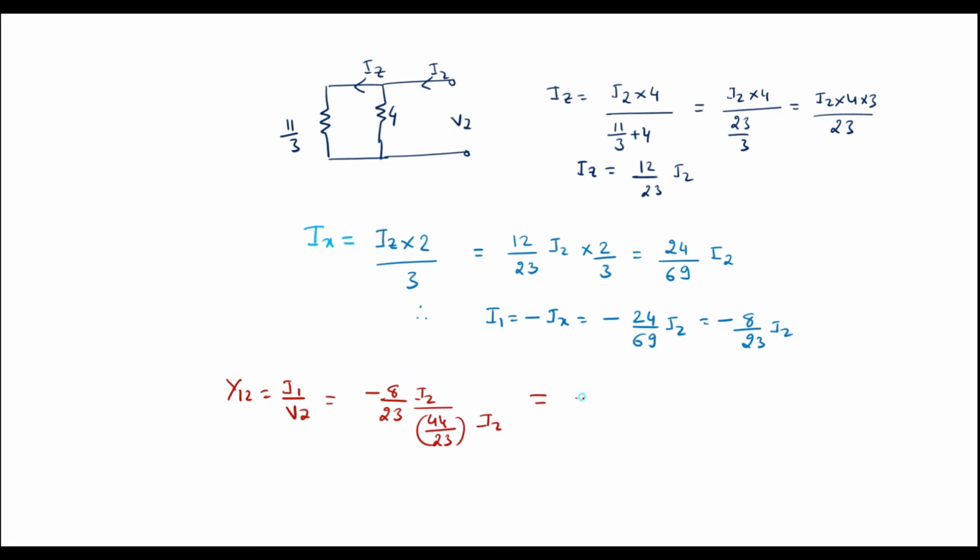Or I can write minus 8 by 23 into 23 by 44 into I2 by I2. Simplifying this, I2 will get cancelled, 23 will get cancelled, we get minus 8 by 44, which is nothing but minus 2 by 11. So therefore we have Y12 is equal to minus 2 by 11.